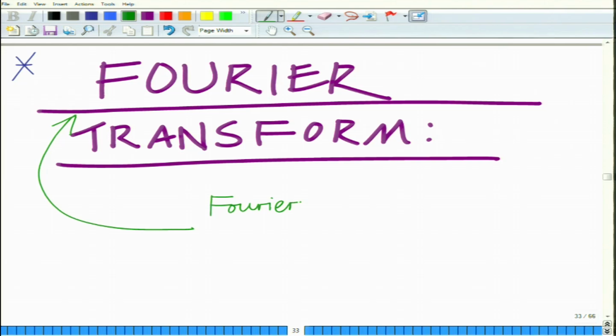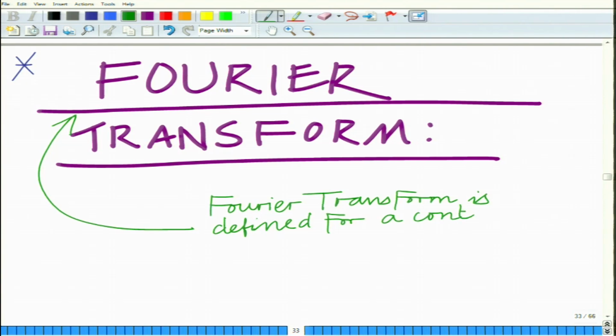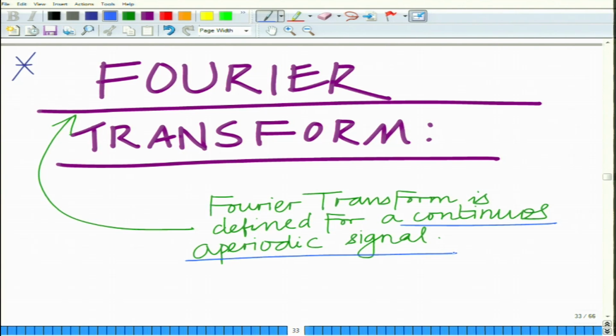So, the Fourier transform is defined for a continuous and an aperiodic signal. Okay.